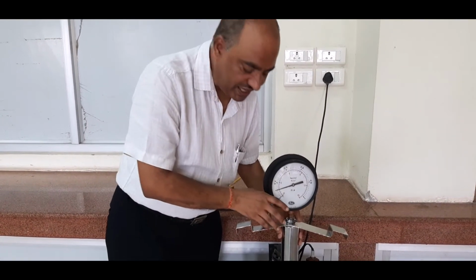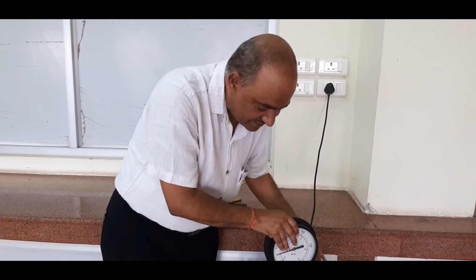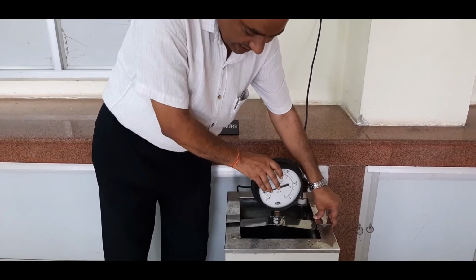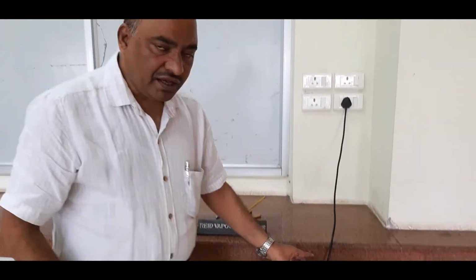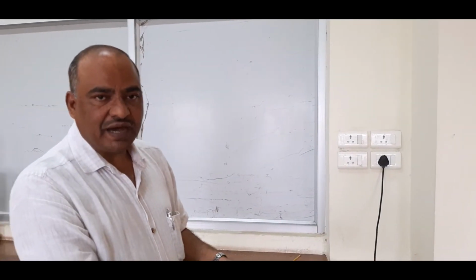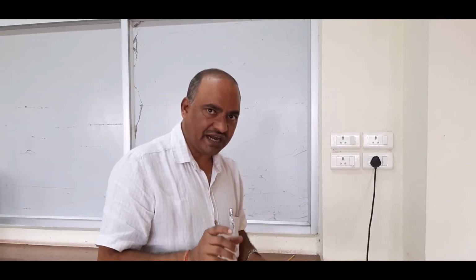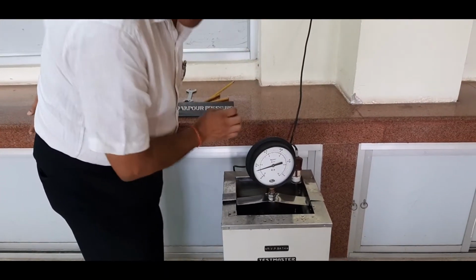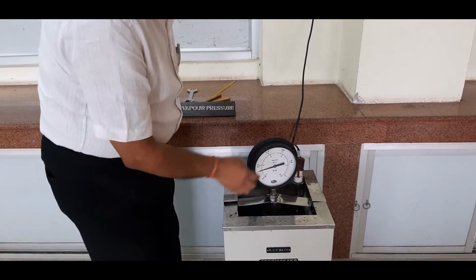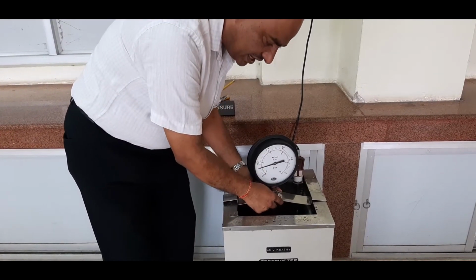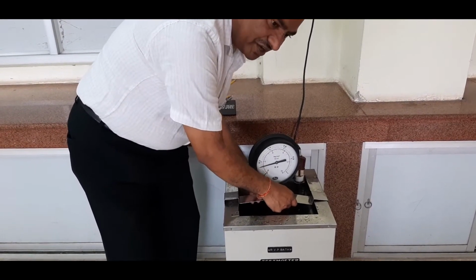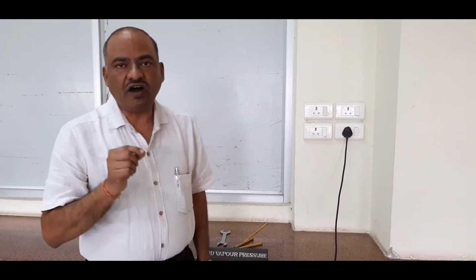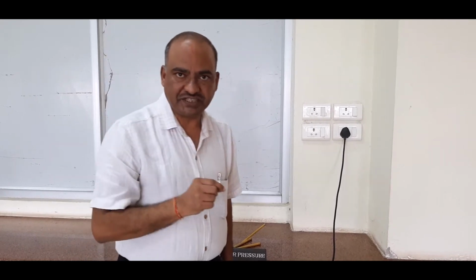If there is no leak at the joint, then place this apparatus in the bath by using this hanger and put it inside the bath for 5 minutes. After 5 minutes, lightly tap the gauge and record the maximum pressure in the dial. That will be recorded as the observed Reid vapor pressure.